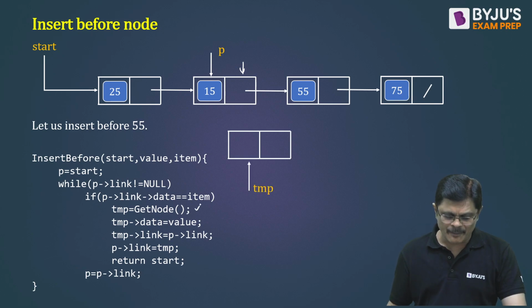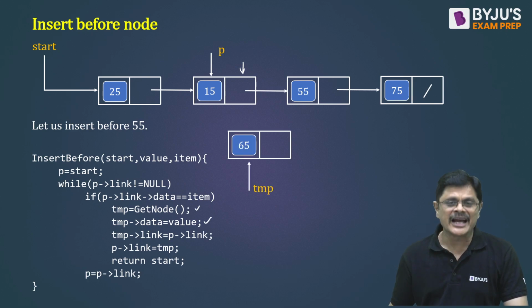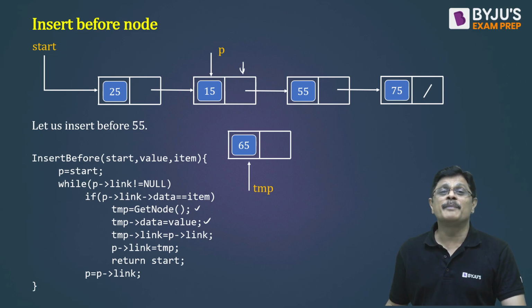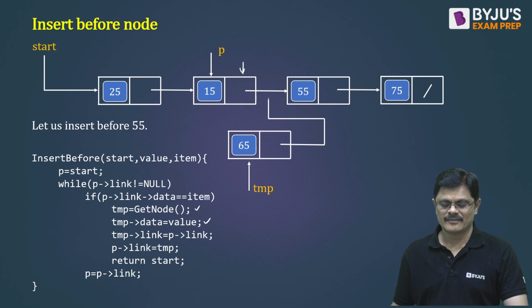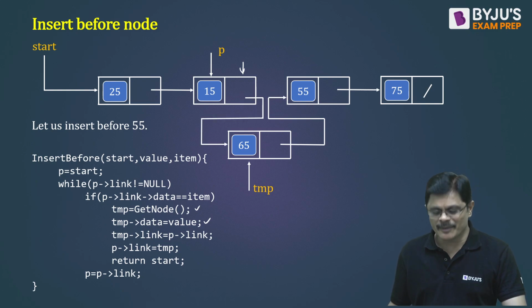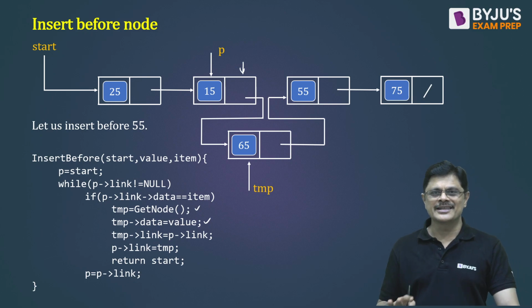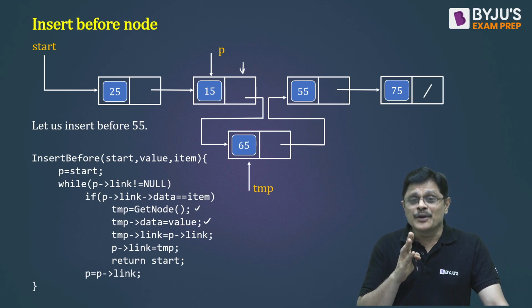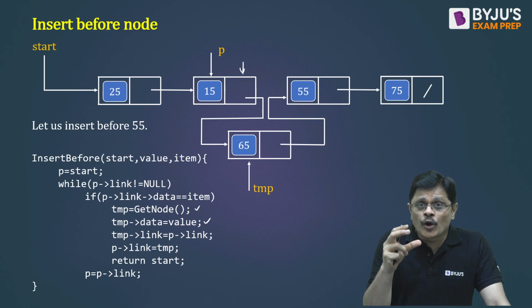Now get a temporary node, update the value of the temporary node. Now the temporary link will be P link, and P link will be TMP, my dear friends. So with this, you can insert a node before a given node.